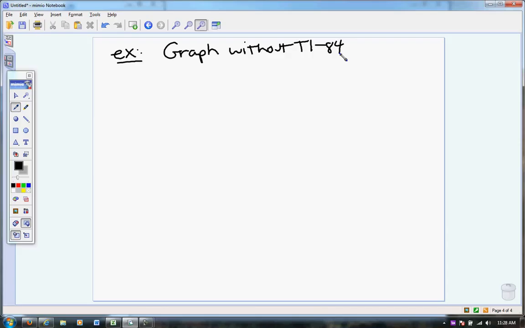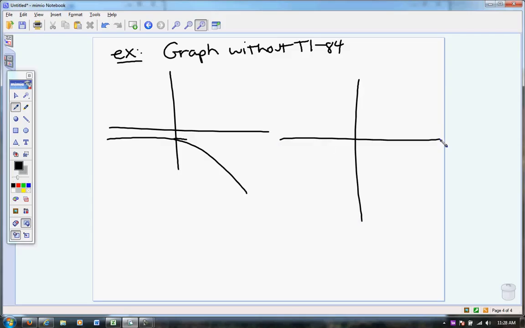Yeah, I think they're actually like matching problems. So they're going to give you some graphs, like this, maybe.